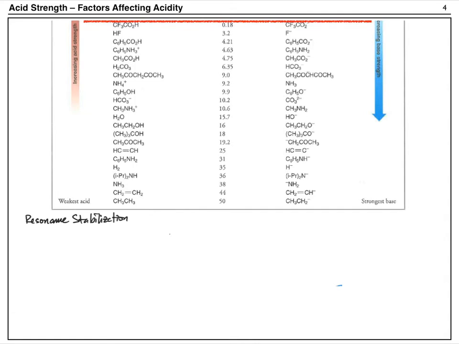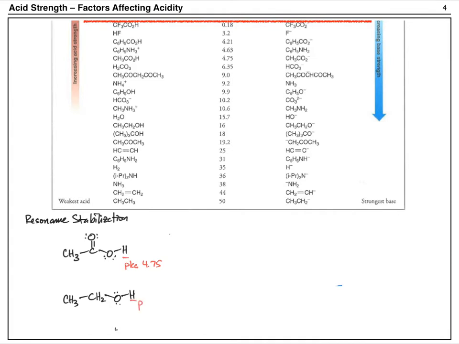So let's draw those structures out and look at their structural features. So we're having the ethanoic acid, and ethanol. We said that this hydrogen has a pKa of 4.75.